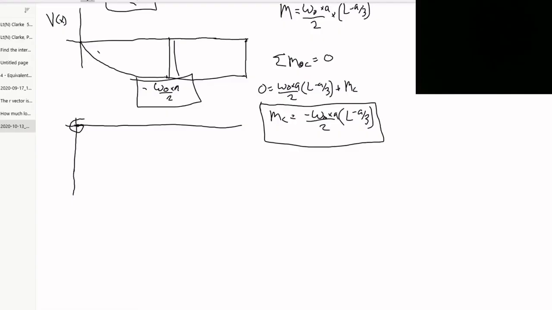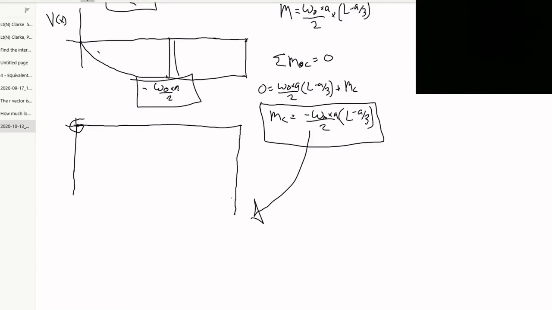So when we're graphing that, what we have to do is we have this negative value for the internal moment. That's a bit too far. That is not even close to vertical. There we go. So the magnitude of this is going to be that.